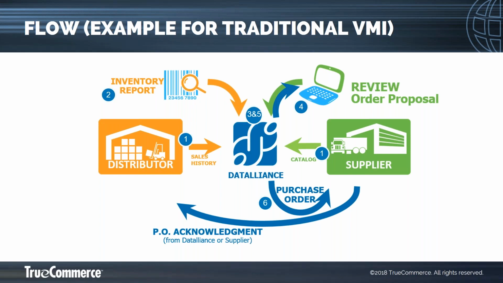Now, TrueCommerce Data Alliance is able to accommodate any flavor from purely vendor managed inventory, and we like to call it collaborative managed inventory, to CMI, hence collaborative managed inventory, where we see a slightly more complex workflow where there is further exchange between distributor and supplier to vet on distributor side the suggested order before it is actually launched by the supplier customer service. So again, we can think about all levels of collaboration, from the simplest down to the most collaborative one across the supply chain.